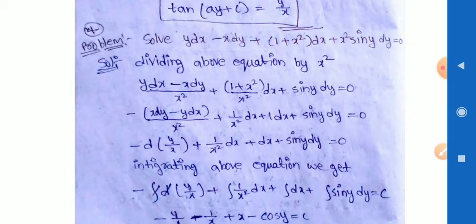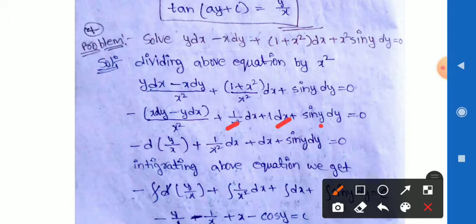Now it can be written as minus of x dy minus y dx by x square plus 1 by x square dx plus 1 dx plus sin y dy. Now this can be easily integrated. This form, x dy minus y dx by x square, can be written in the form d of y by x.